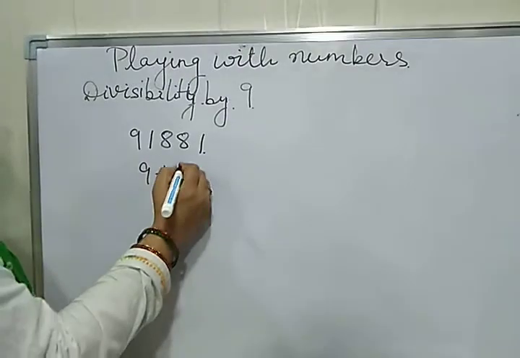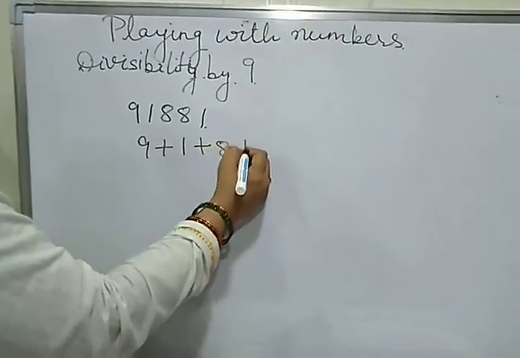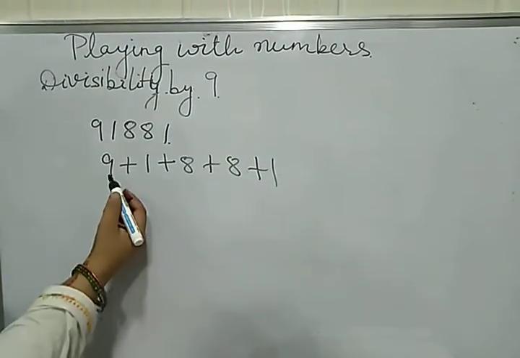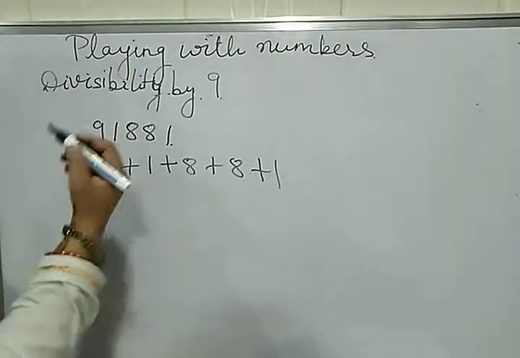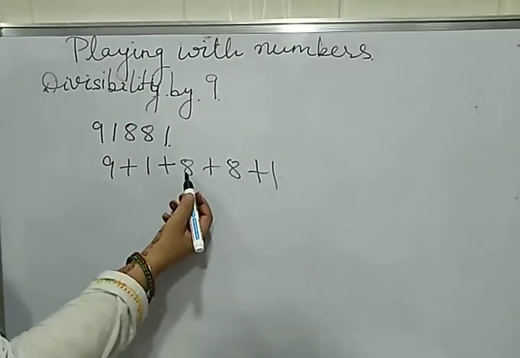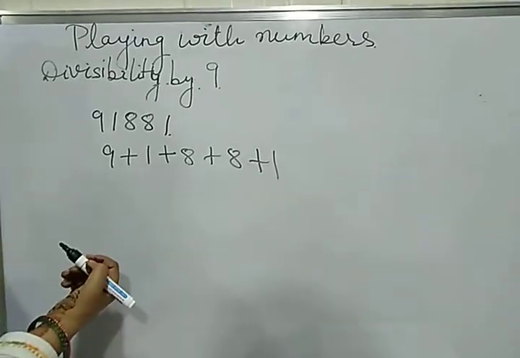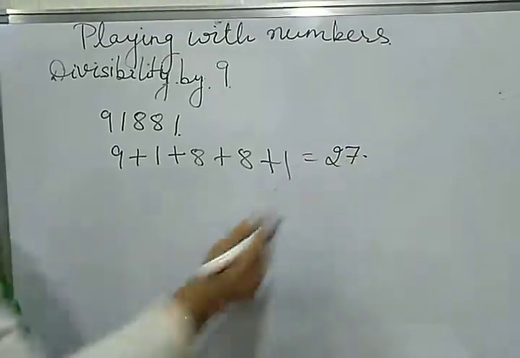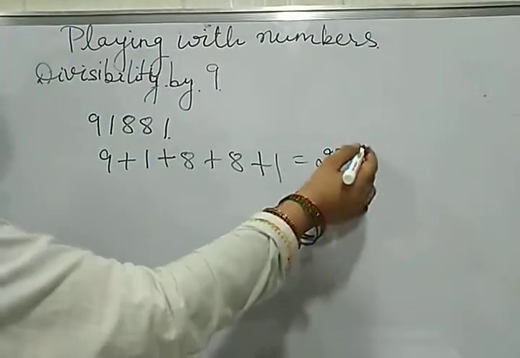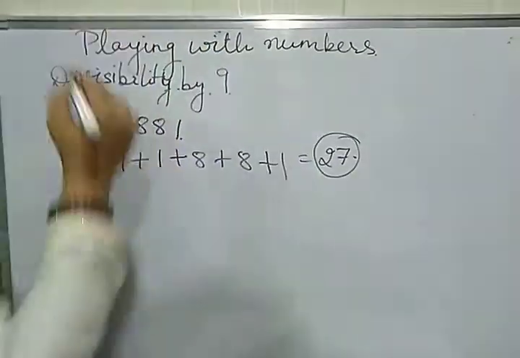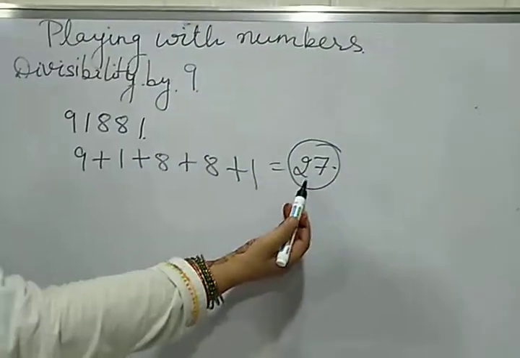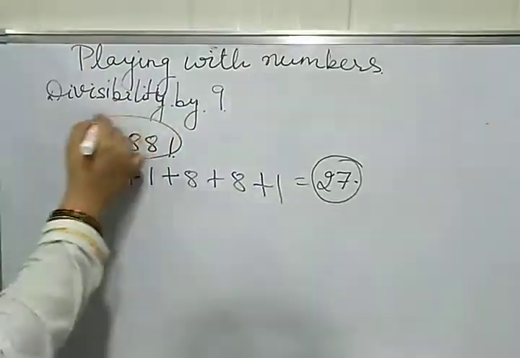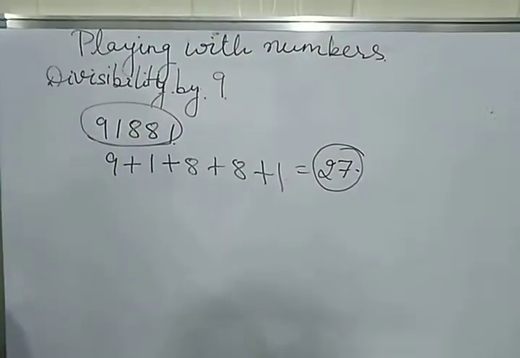Find out the sum. 9 plus 1 plus 8 plus 8 plus 1. 10, 10 plus 8 is 18, 18 plus 8 is 26, 26 plus 1 is 27. Is their sum divisible by 9? Yes, 27 is divisible by 9. So this number will also be divisible by 9.